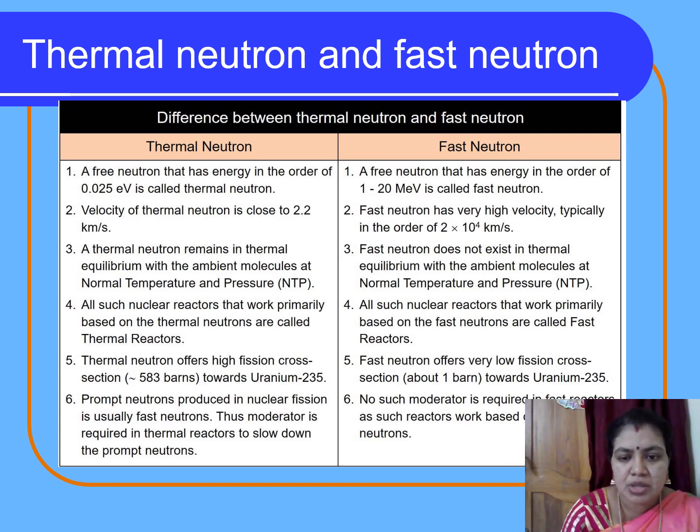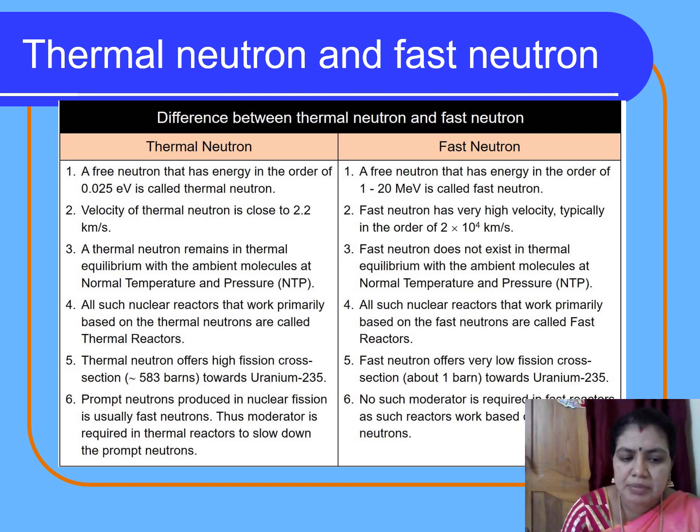So fast neutron has a very high velocity, 2 into 10 to the power 4 kilometer per second, whereas thermal neutron is only 2.2 kilometer per second. And if we look into the equilibrium condition of these neutrons with the ambient molecules, the thermal neutron remains in thermal equilibrium with the ambient molecules at normal temperature and pressure, whereas the stability is not there in the fast neutron.